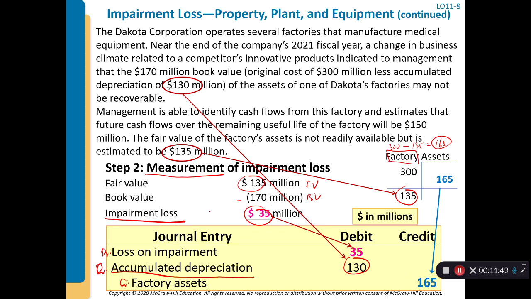So therefore, three steps. Step 1, record the loss. Step 2, get rid of accumulated depreciation. Step 3, reduce the purchase price to the new fair value of the assets, right?